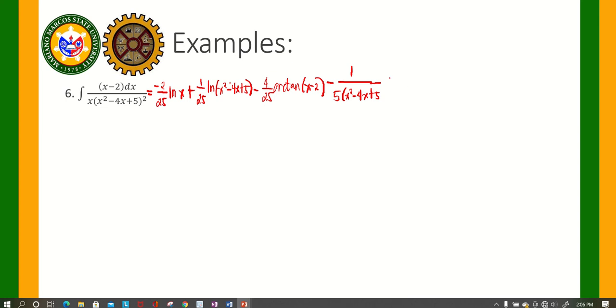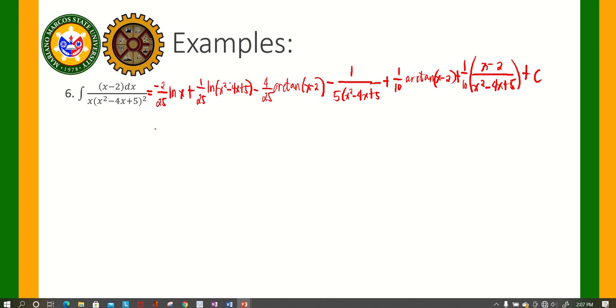And for our last term, that will be equal to 1 over 10 arctan(x minus 2) plus x minus 2 all over x squared minus 4x plus 5, and plus c, our constant of integration. There is still a 1 over 10 here. So, plus 1 over 10 times this one. Okay? And then we simplify.